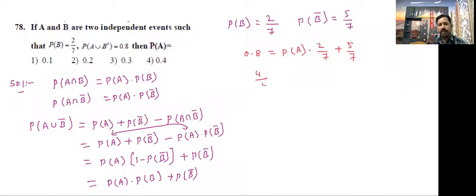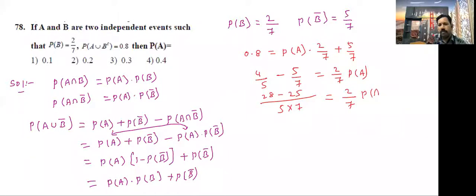This is 4 by 5 minus 5 by 7, that is equal to 2 by 7 into P of A. Students take LCM, 5 into 7 is the LCM. 28 minus 25, that is equal to 2 by 7 into P of A. 7 cancels. 28 minus 25, 3. 3 by 5. So on the right hand side 2 is there, send to left hand side. 3 by 10, that is equal to P of A.